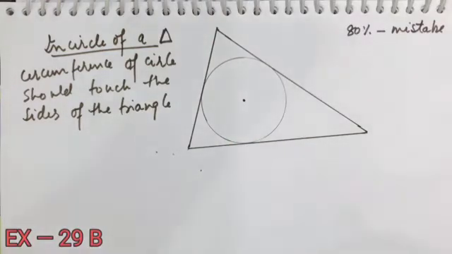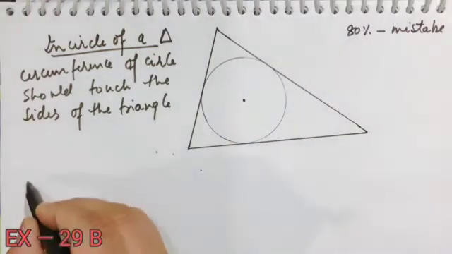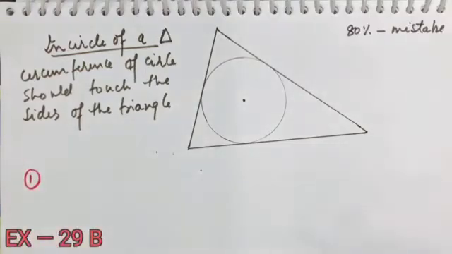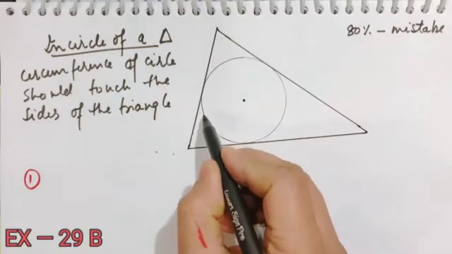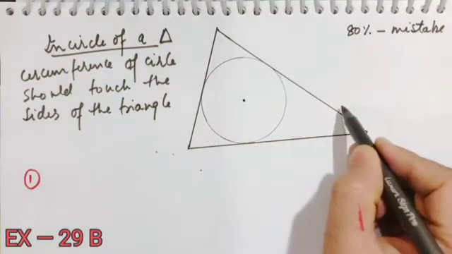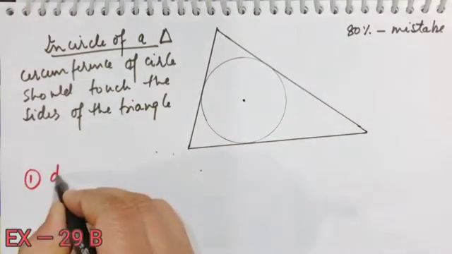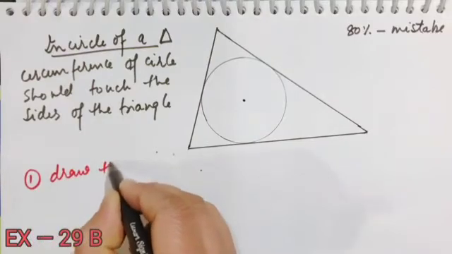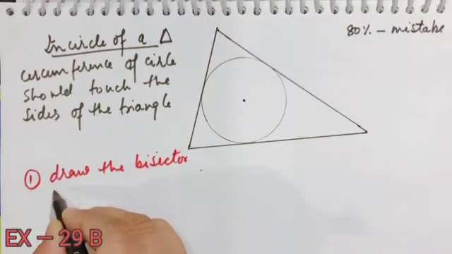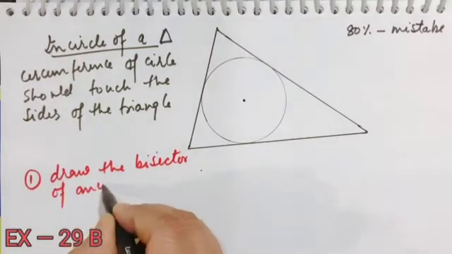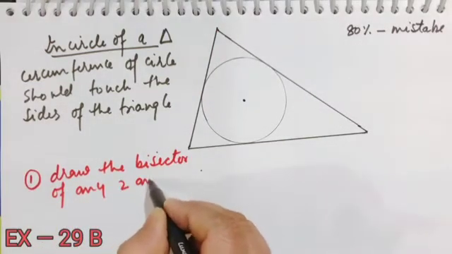इसका रूल है, रूल नंबर वन, is to draw the bisector of any two angles.